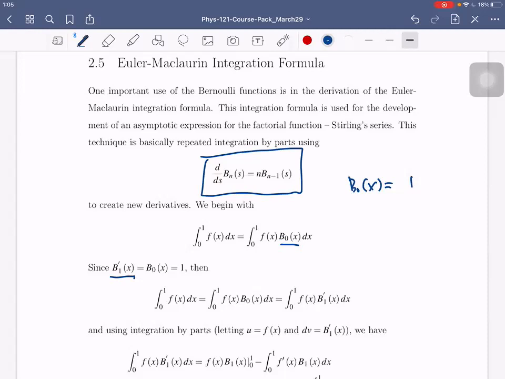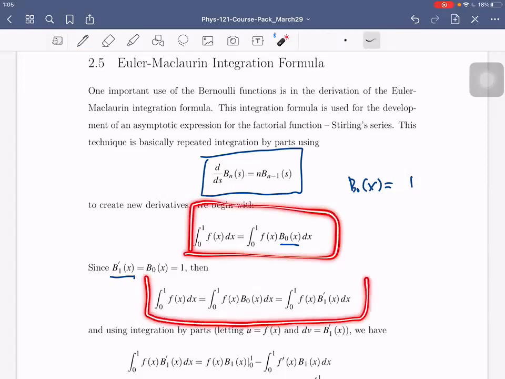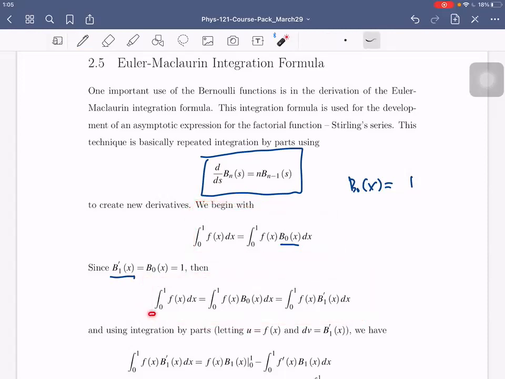So we can add that. Besides what we did at first, we now have these equalities, right? So we can express the simple integration as this one, or we can use this one since we know b sub 0 of x is 1, or just use the first derivative of b sub 1.